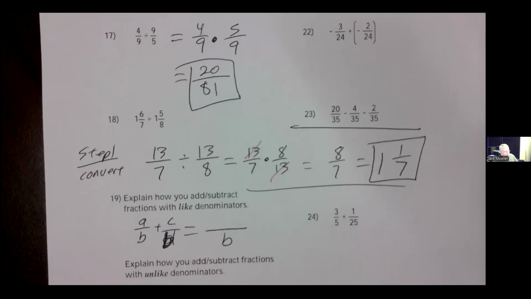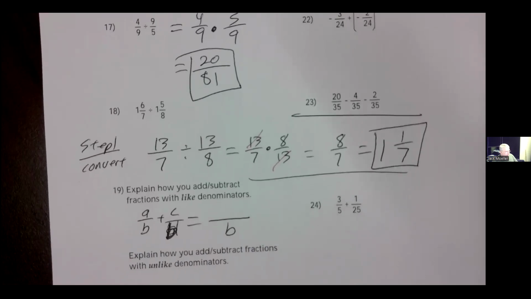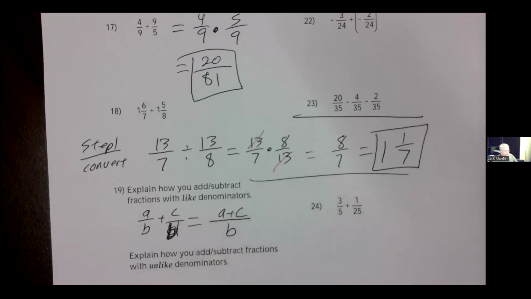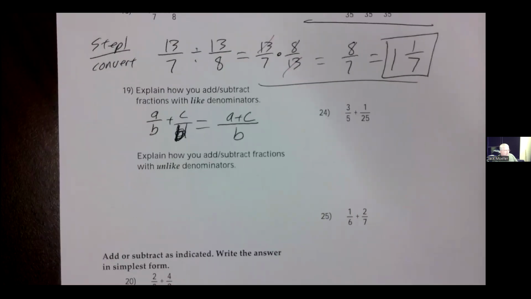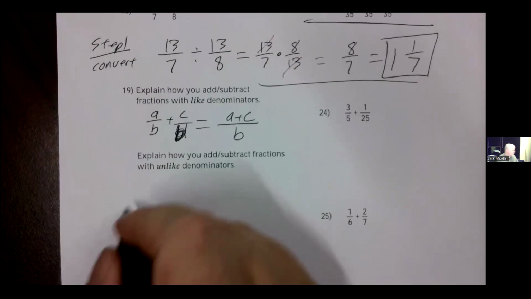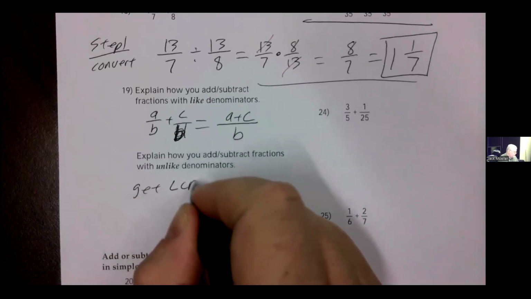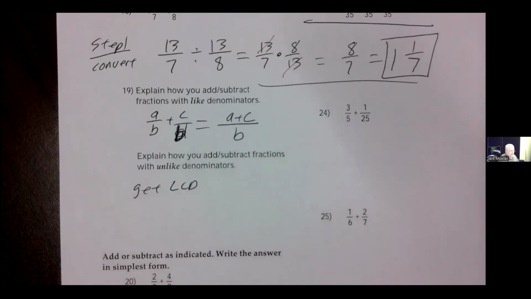Do not add or subtract denominators. If it's the same denominator, keep it the same, and then you just add or subtract the top. And then, as always, simplify if needed. Okay. If they are unlike denominators, you need to get your LCD, which is your least common denominator.